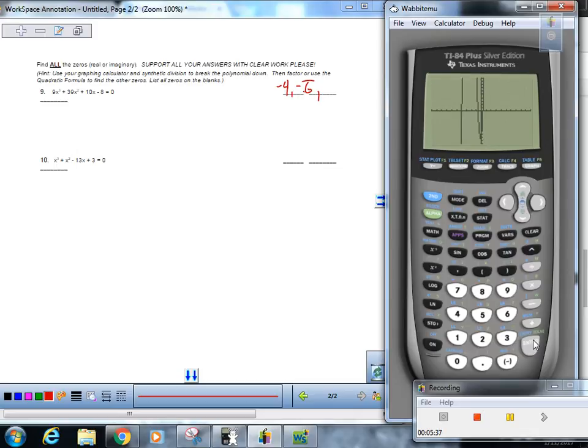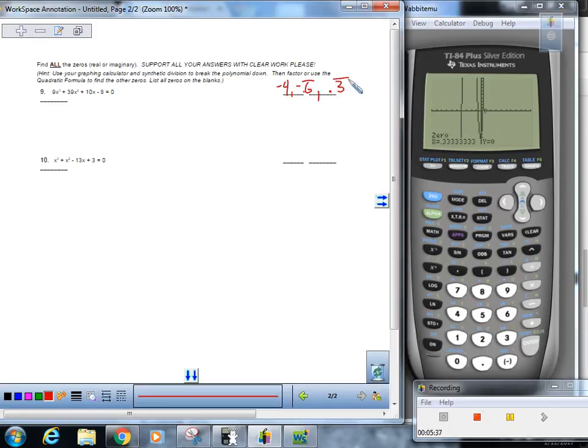And 0.3 repeating is the other one, or 1/3. So both those would be good ways to write the answers.